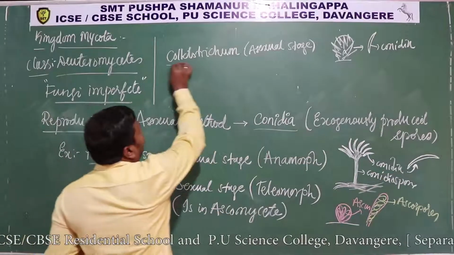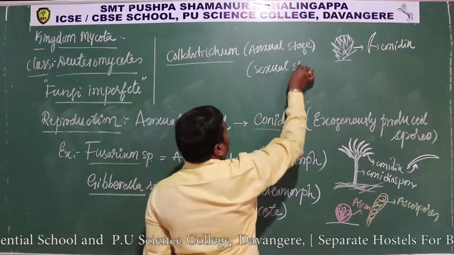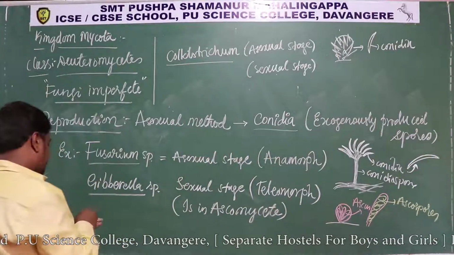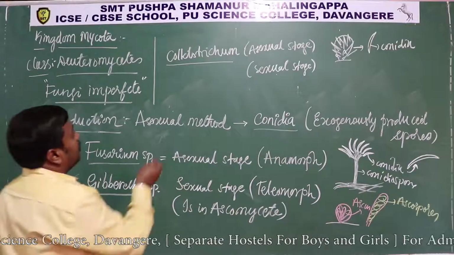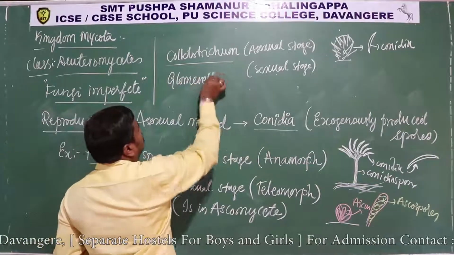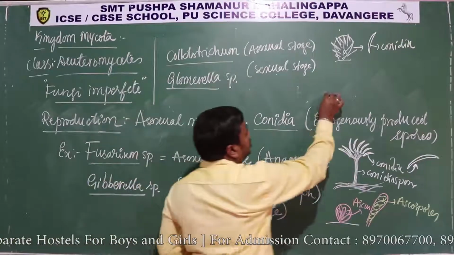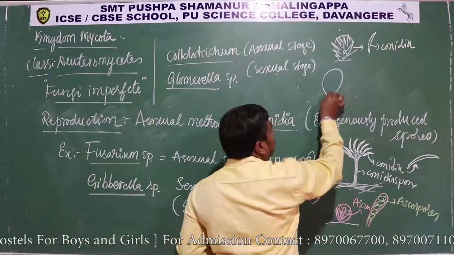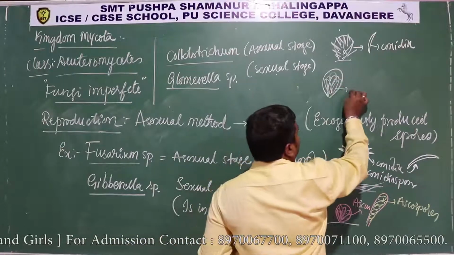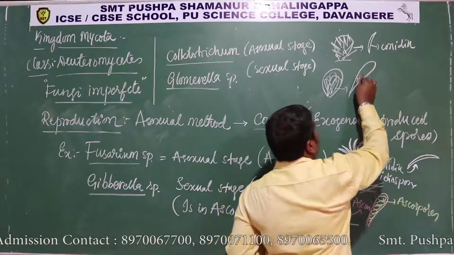Whereas the sexual stage of this fungus is Glomerella. This Glomerella species produces asci. Each ascus consists of ascospores.